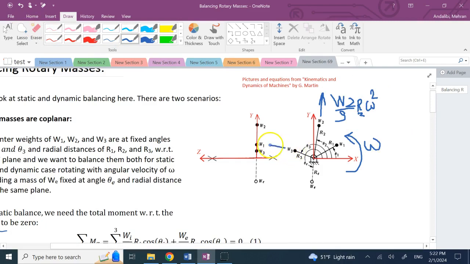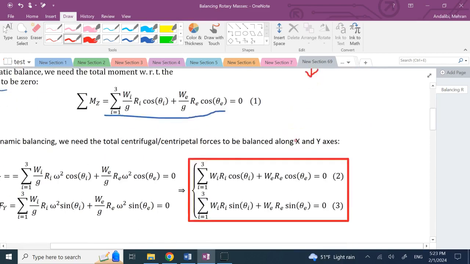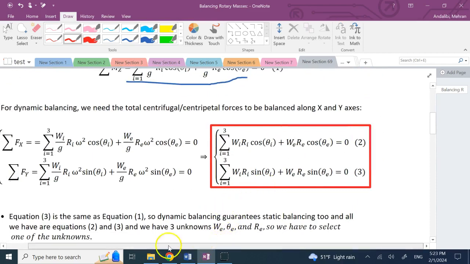And there is one here for W3, one here for W1, and one here for WE. And these forces should balance each other. So if we decompose them along X and along Y, the sums should be equal to 0. So that's what we have down here.